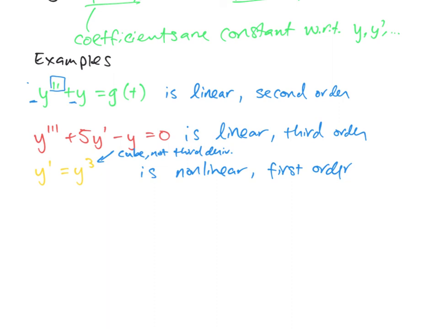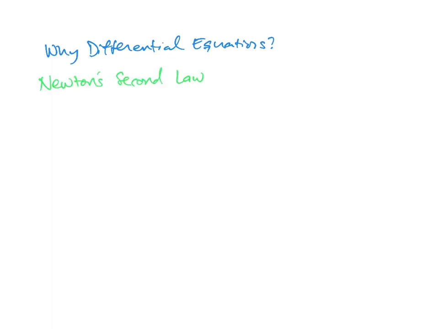All right, so that covers what a differential equation is. But now let's talk very briefly, and then that'll be the end of this video, about why differential equations. If you have taken any physics before, you have probably seen a pretty famous differential equation, and that would be Newton's second law, F equals ma, right?